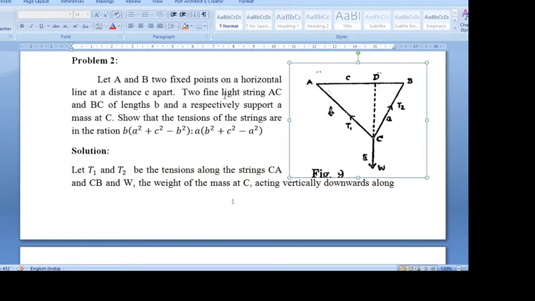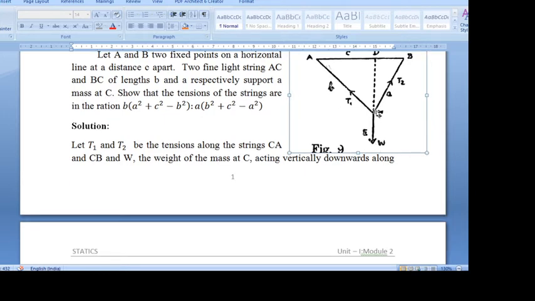Now take two fine light strings AC and BC, of length b and a respectively, and support a mass at C.